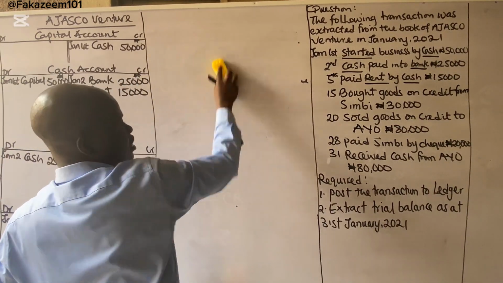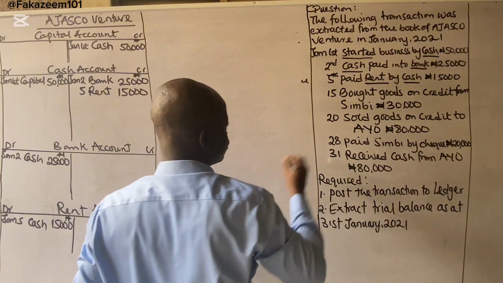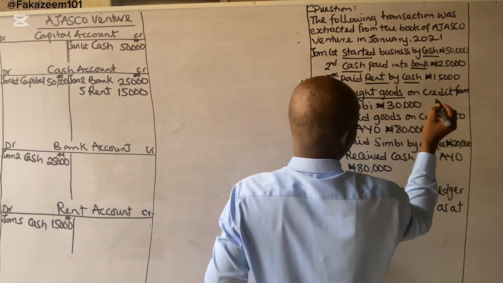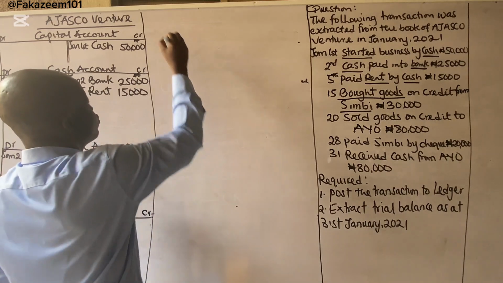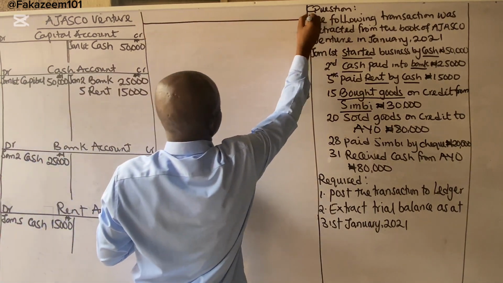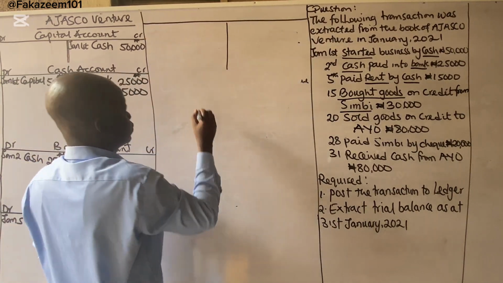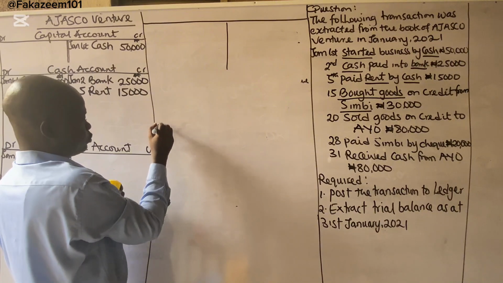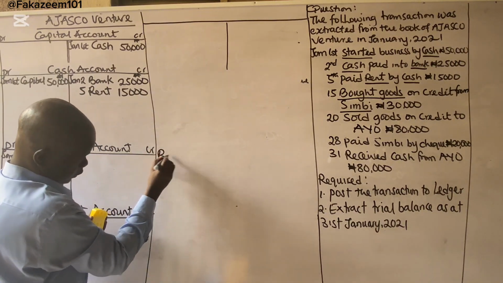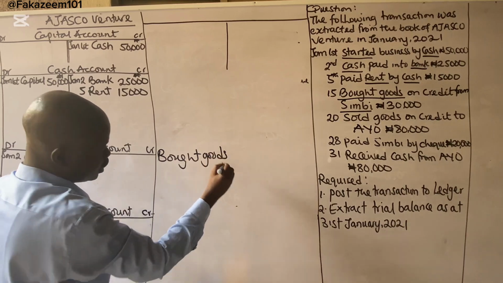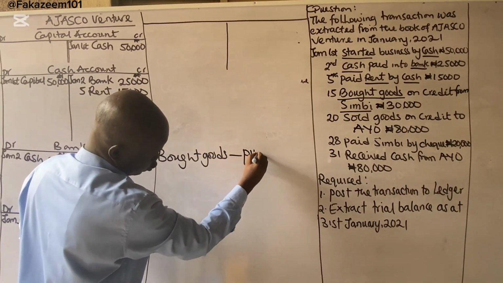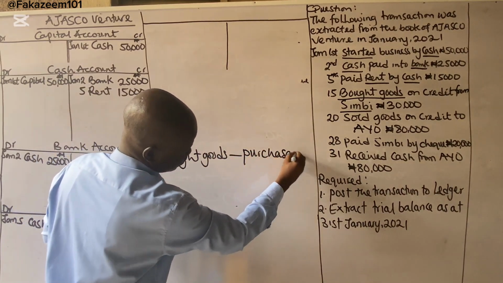The next transaction is bought goods from Simbi. We said anytime you have bought goods, in your solution you write it as purchases.